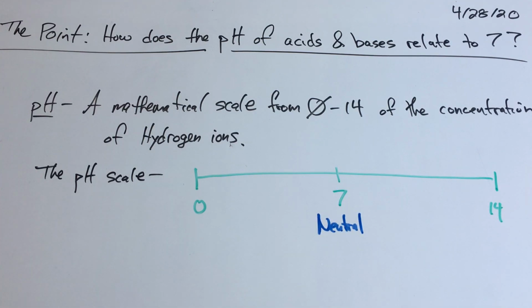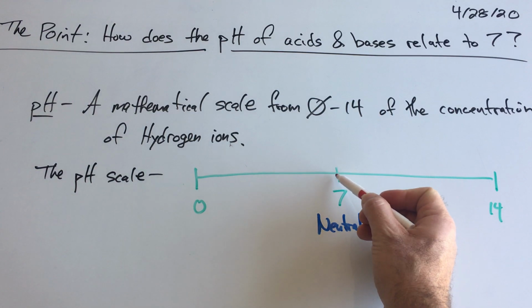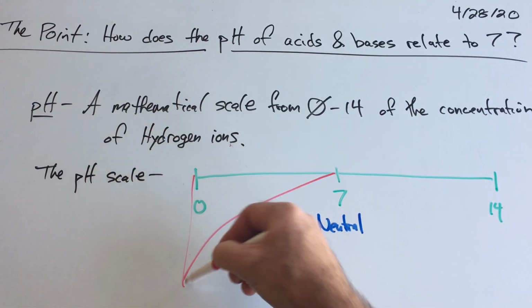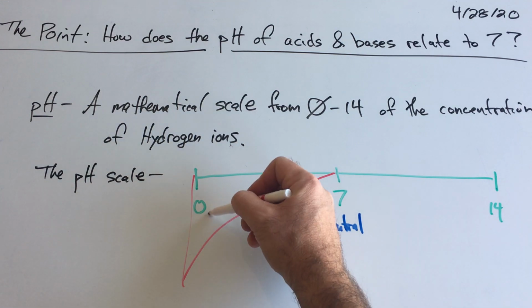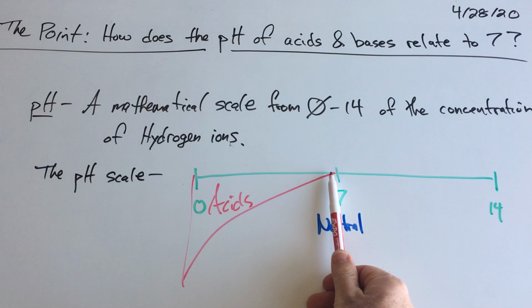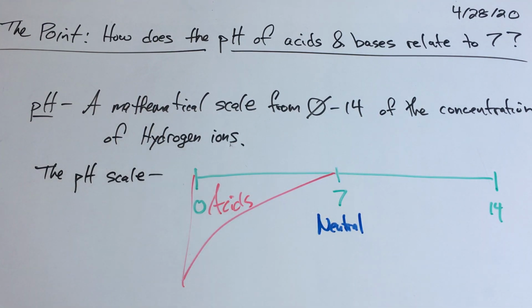And the nice thing about this is it's alphabetical. So everything from just before 7 all the way down to 0, they are all acids. So if you have a pH of 6.99, you're technically slightly acidic, though we'd probably just call you neutral because you're not really acidic enough to worry about.